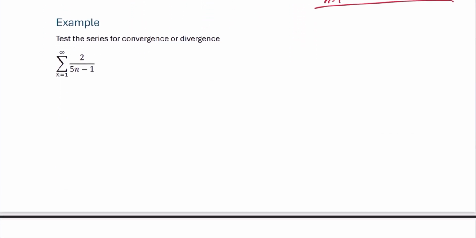In our next example, let's again use the integral test. This time let's let f be the sequence that we have, 2 divided by 5n minus 1. We can see that this is positive, it's decreasing, and it's continuous on the interval that we're looking for, which will be 1 to infinity.